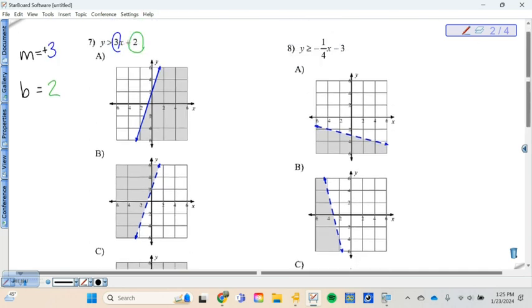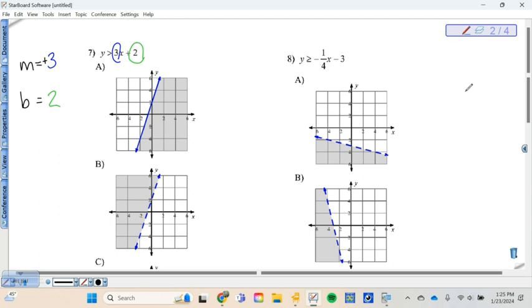What's different between A and B? What kind of line does that inequality tell me I need to have? Dotted, right? It's just greater than. This kind has a dotted line, so I know my graph has to be dotted. And then let's check whether 0, 0 should be a solution or not.